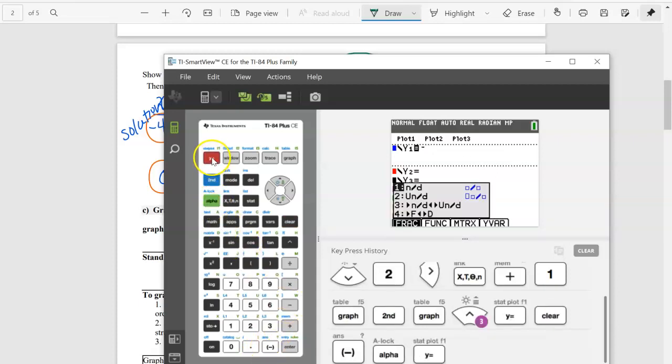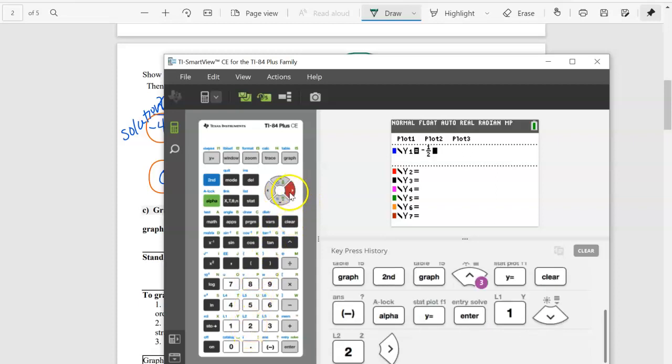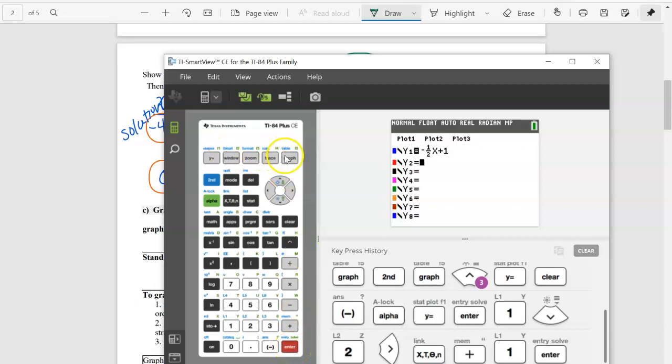So alpha y equals, enter, 1/2, and then we've got our x. X is right by the alpha button, and then we're supposed to do plus 1. And then enter, and then I'm going to go ahead and look at the graph. The graph is at the top button right underneath your screen, top right.